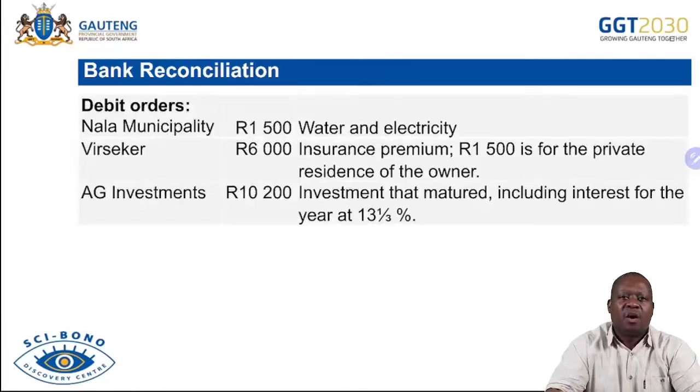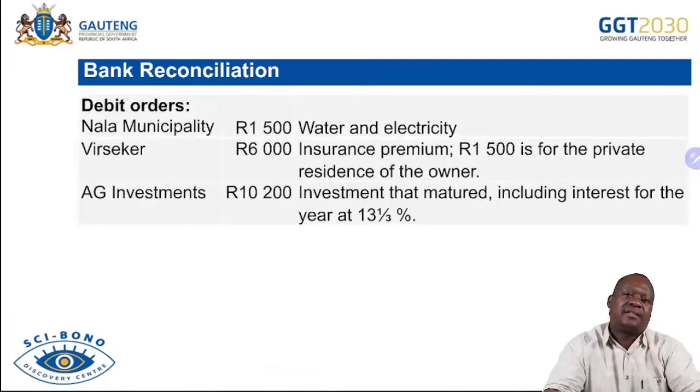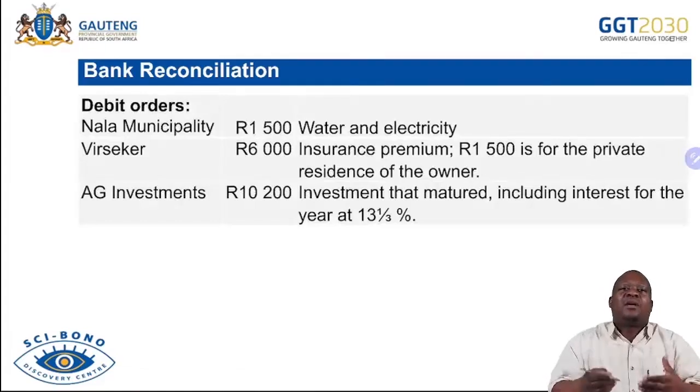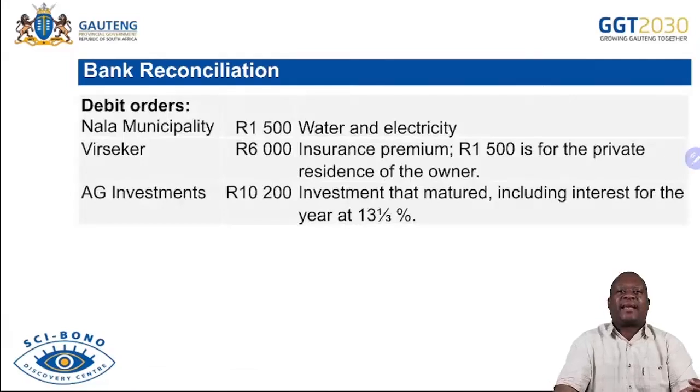We are paying our insurers 2,000 rands every month. Please make that payment for us. Now, what happens is the bank pays those amounts. And when the business receives the bank statement, that's when we have a bank statement as our source document to say, oh, these payments were actually made.